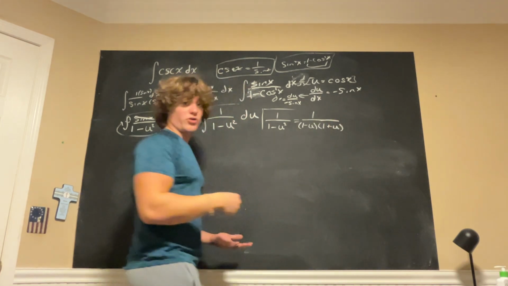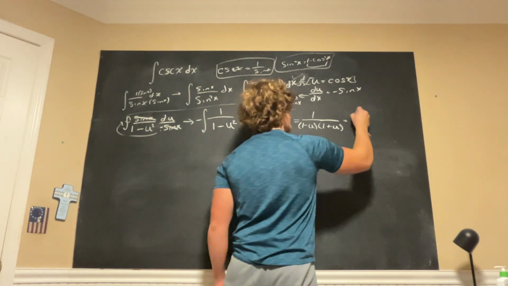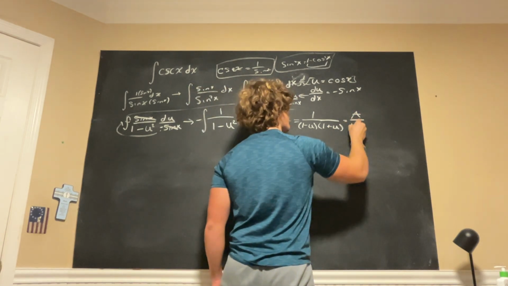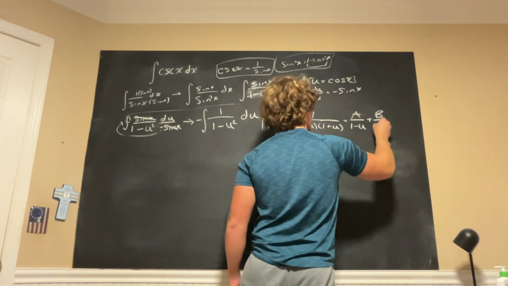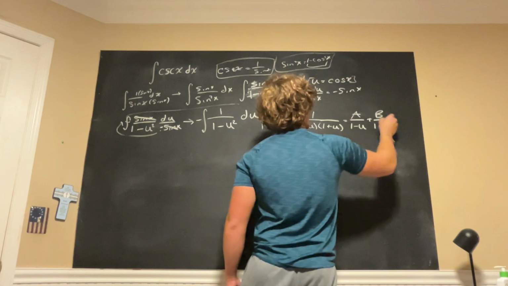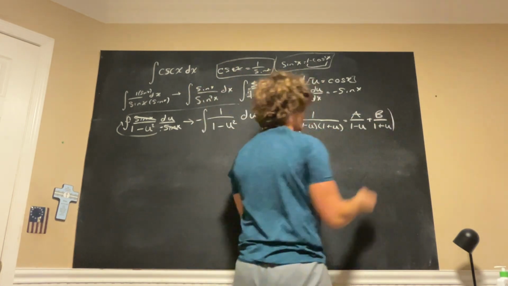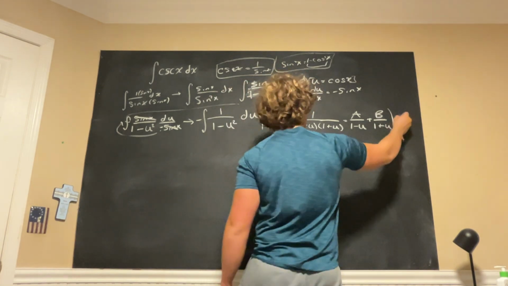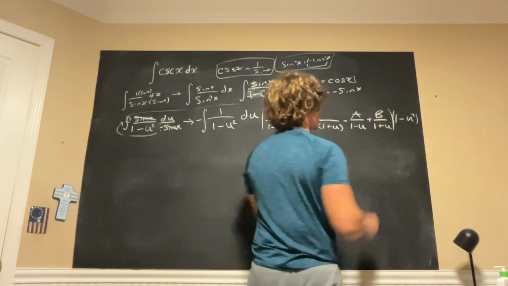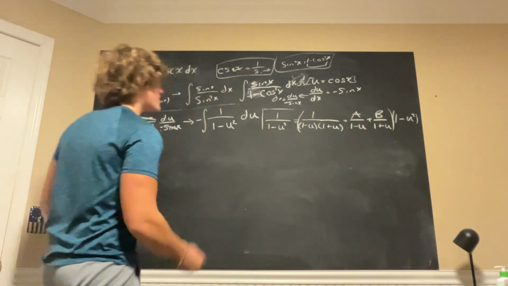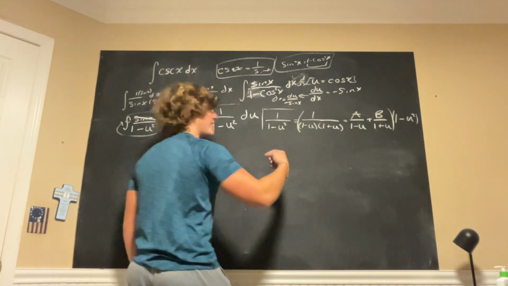Now using a partial fraction, we could say that this is equal to a divided by 1 minus u plus b divided by 1 plus u. And we can multiply everything by 1 minus u squared, I'm just writing this in improper notation, but it's okay for now. So this means multiply this side and this side, and this part cancels on this a.